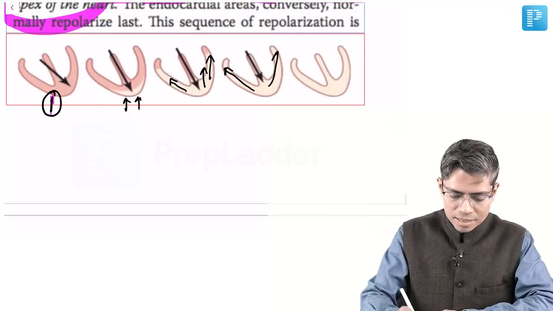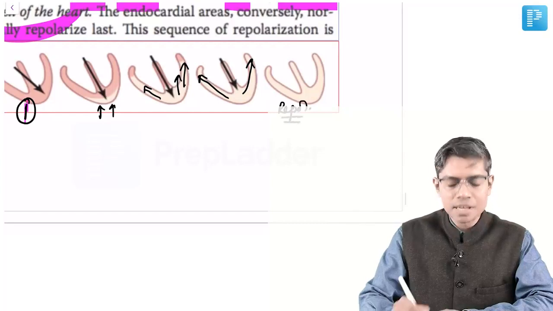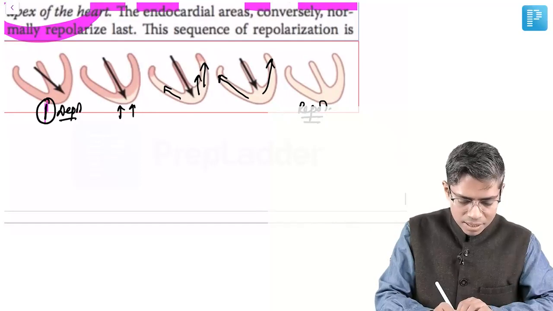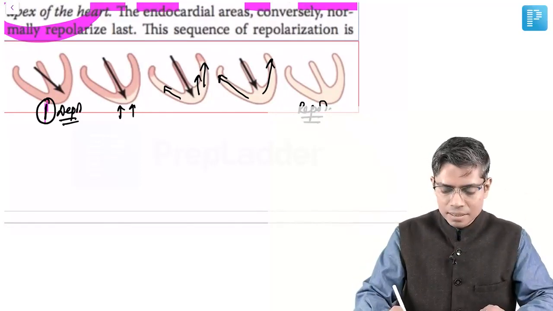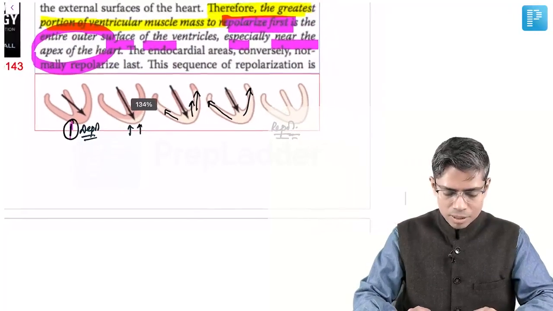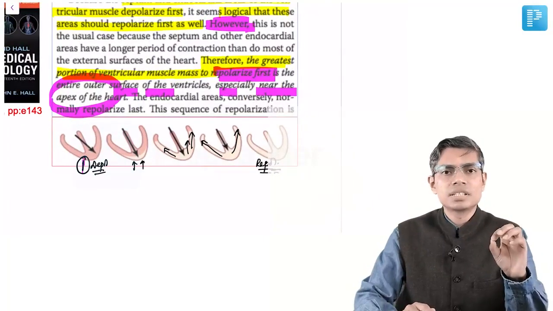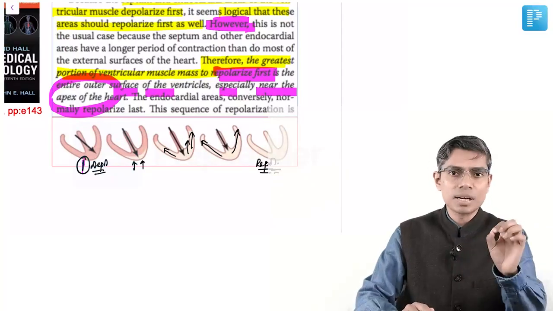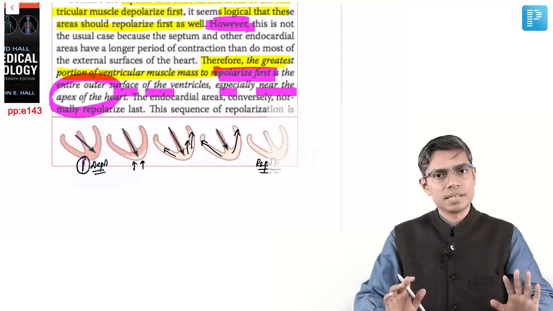So this whitish area is spreading, and now this is a completely repolarized heart, right? So this diagram is also taken from Guyton. This will make it clear that repolarization starts from the apical region, but depolarization starts from the middle portion of the septum on your left side, right?